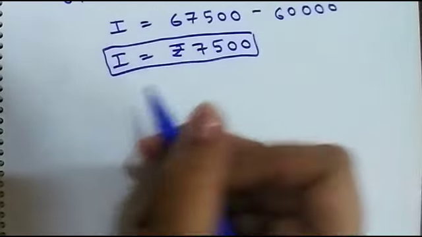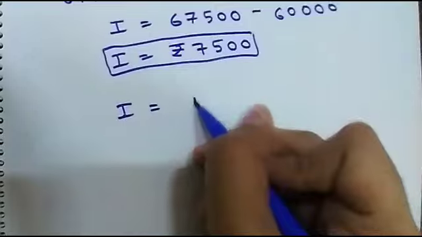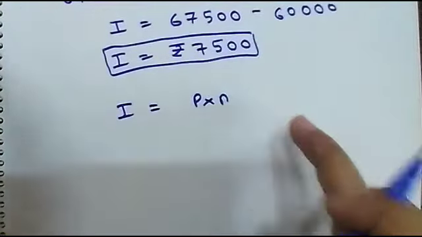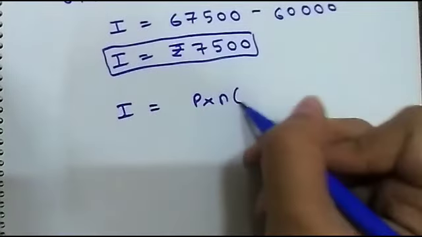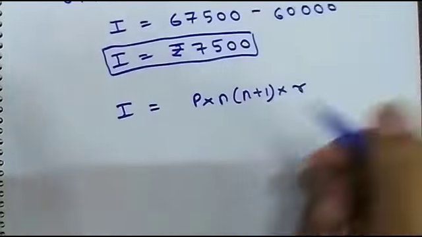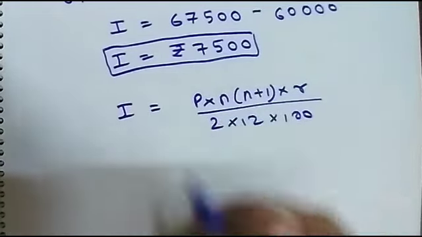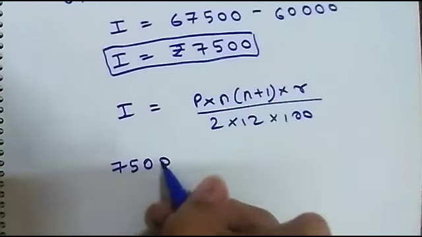Okay. Now we have I. Now we can directly put the interest formula. Now we do not need the MV formula, maturity value. P into N into N plus 1 into R divided by 2 into 12 into 100. We have got I is 7,500.